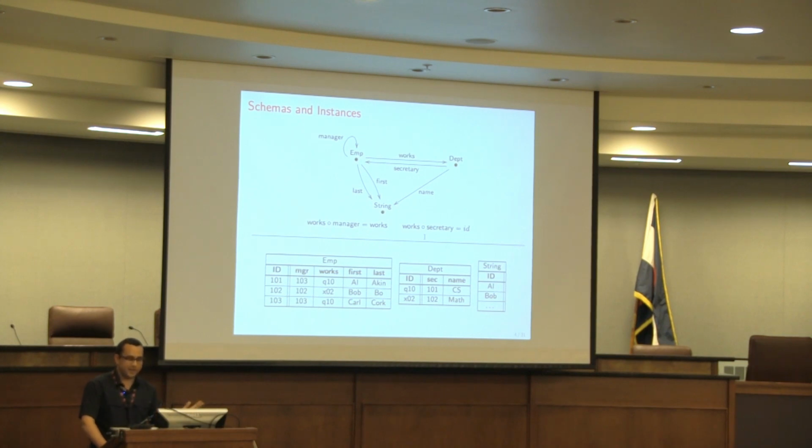And so this is an example of our database schemas and our database instances, and the category theory is going to formalize this and make this intuition precise, and then give us some operations and constructions we can do on schemas and instances of this form. So I'll pause here and ask for questions.